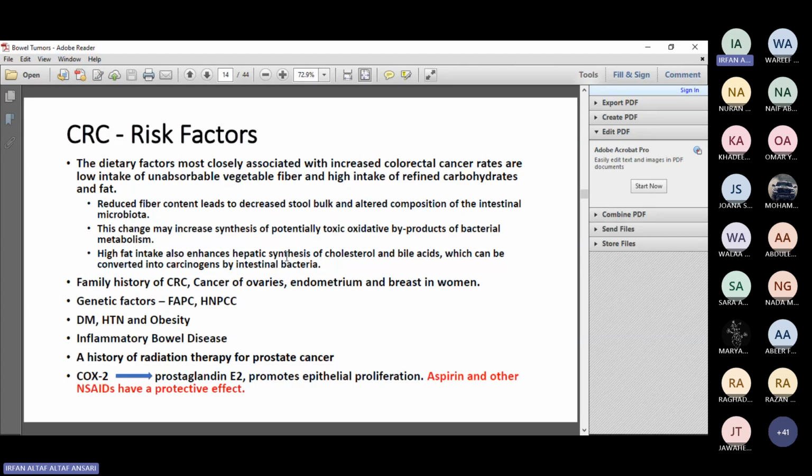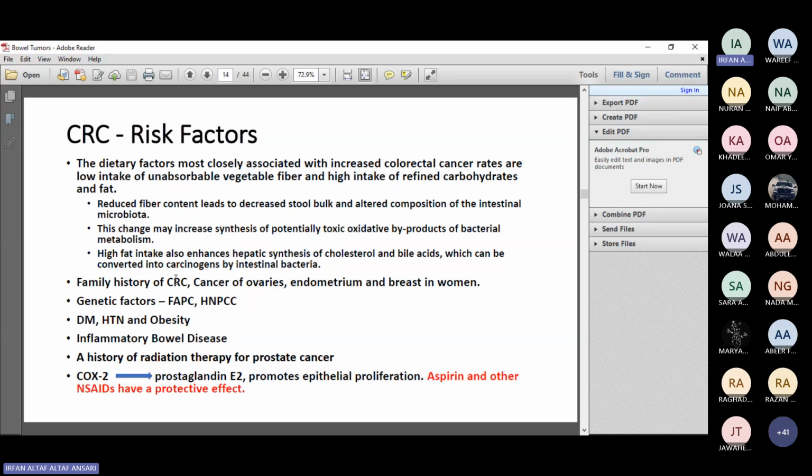They also lead to the hepatic synthesis of cholesterol and bile acid, which can be converted into carcinogens by intestinal bacteria. All put together will increase the duration of exposure of this material to the intestinal mucosa, and that will lead to cell injury and alteration, and the cell going into neoplastic transformation.